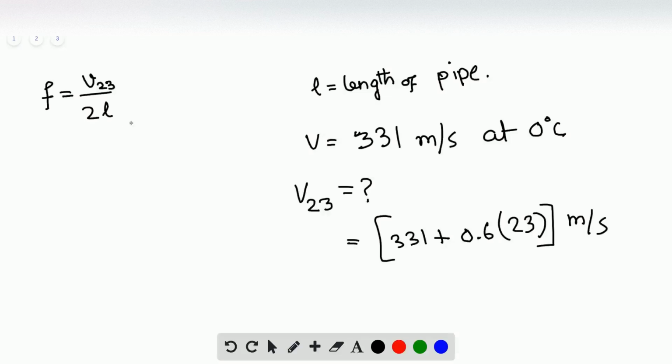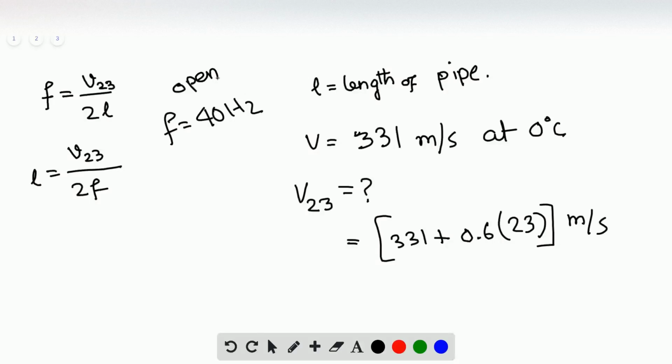Since we don't know L, L will be this over 2F. Since it's an open pipe, our fundamental frequency is 40 hertz.